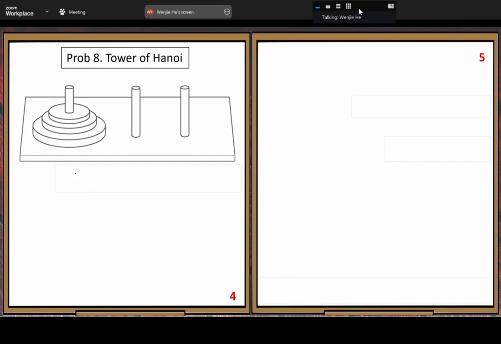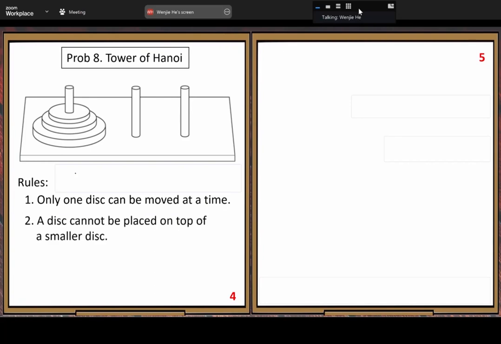I need to give you these 3 rules. The first rule, only one disk can be moved at a time. Each time, you can only move one disk from one peg to another peg. Rule number 2, a disk cannot be placed on top of a smaller disk.